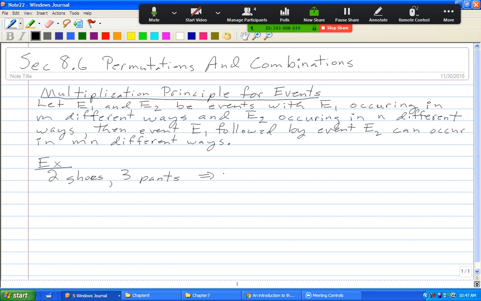So then you have 6 different ways of choosing your shoe and pants. Shoe and pant.